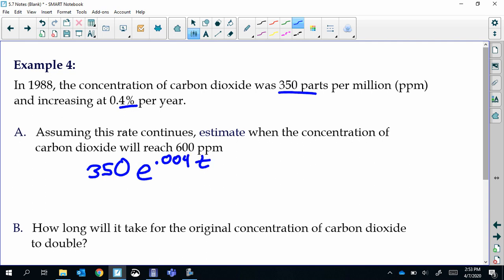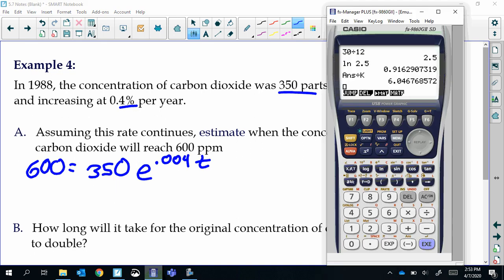And then, assuming that rate continues, when will it reach 600? We're solving for t to answer when. So we'll divide first. 600 divided by 350. 12/7.